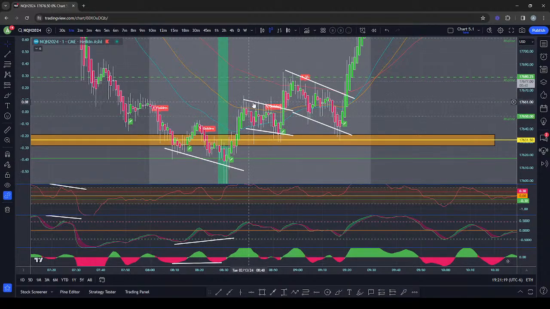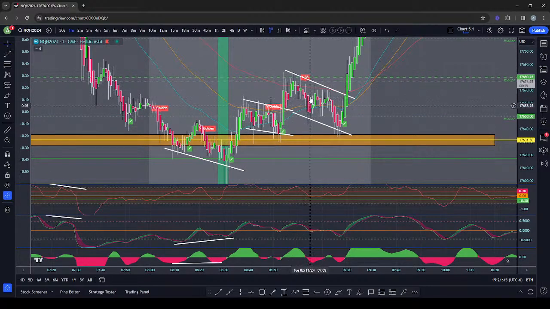I found something really interesting while this chop was happening: this was forming a nice bullish flag right here, or if you want to say, a descending channel. But to me, this is a nice flag. This is the flagpole, and this is the flag right here. And it's bullish, and it broke out.